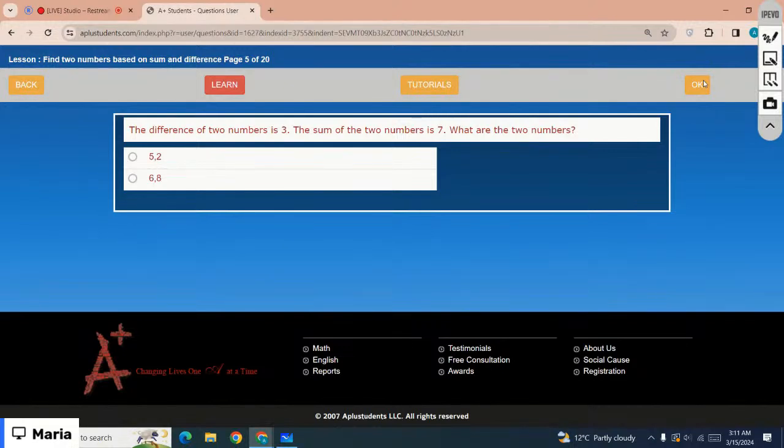Yes, that is 5 and 2. When you subtract them, the answer is 3. When you add them, the answer is 7. The correct option is 5 and 2. Very good.